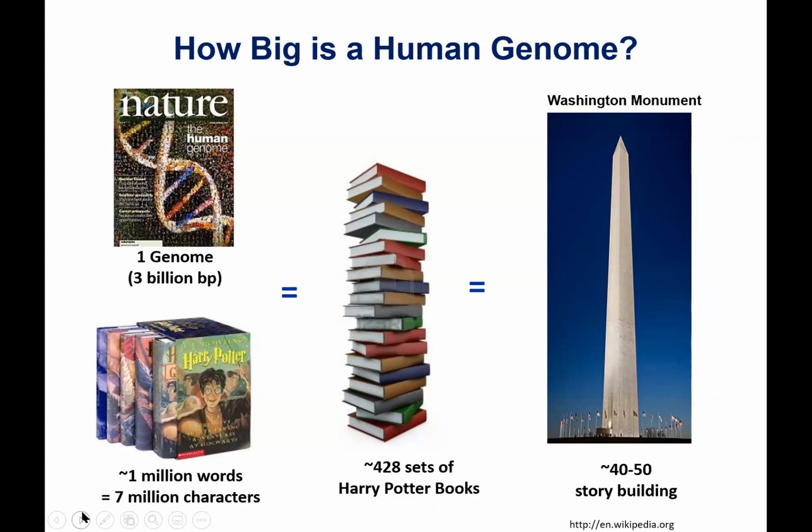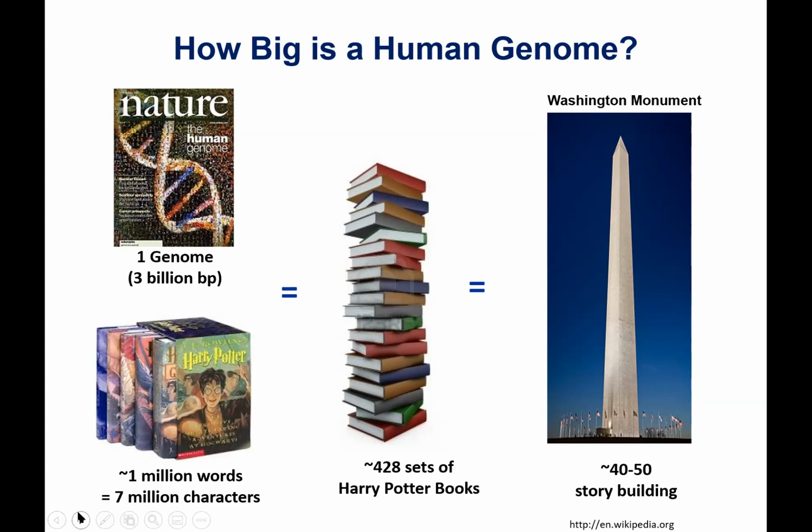If we think of one base pair as 1 character, then one human genome will include as much information as 428 sets of the books. If we put them together, that is the height of almost 40 to 50 story buildings, almost the height of the Washington Monument.